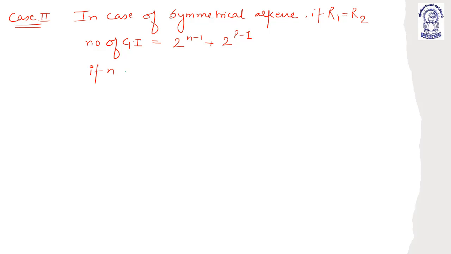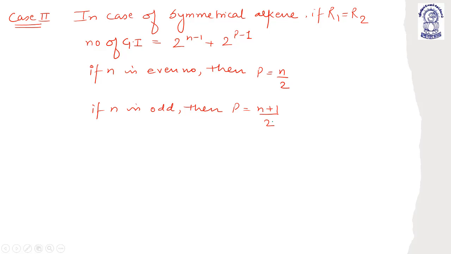If n is an even number, then p is equal to n by 2, and if n is odd, then p is equal to n plus 1 by 2. Okay. For example, CH3 CH double bond CH, CH double bond CH. Both groups are same.